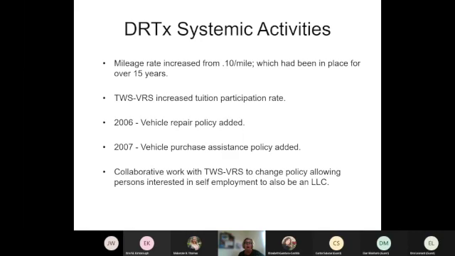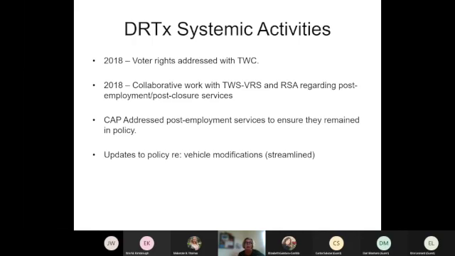And those two can be combined, which is very helpful to a lot of folks when they're looking at the expense of maintaining a modified vehicle. We were also able to help with the increase of mileage, and ultimately now it's the federal rate, which is wonderful. We also do a lot with voter rights, and we ensured that TWC was providing information about voting opportunities, and they had the brochures in the lobbies, and now the counselors are reviewing the voter rights and information with customers at application, which is great.